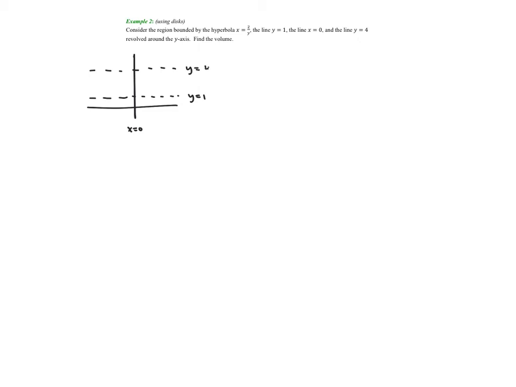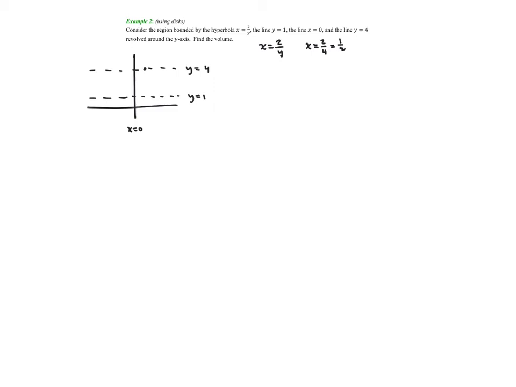y equals 4. And a good way to visualize this is to look at how the lines y equals 1 and y equals 4 relate to the hyperbola. So, for example, if x equals 2 over y, when y equals 4, it looks like x equals a half.